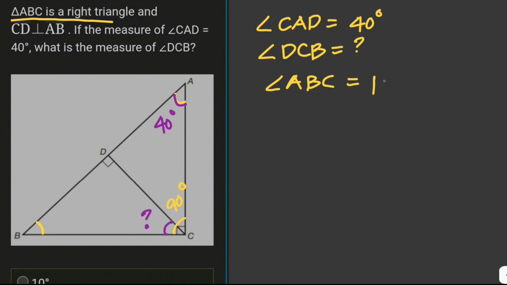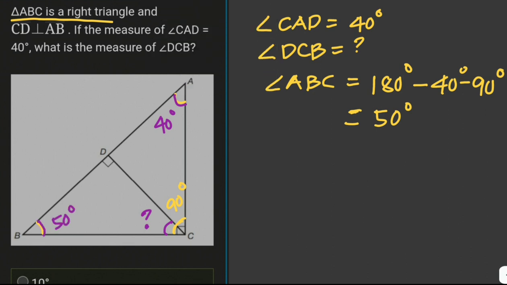The interior angles of a triangle add up to 180 degrees. So we just subtract the sum of the two angles from 180. So this is 180 minus 40 degrees minus 90 degrees. Therefore, the measure of angle B is just equal to 50 degrees.